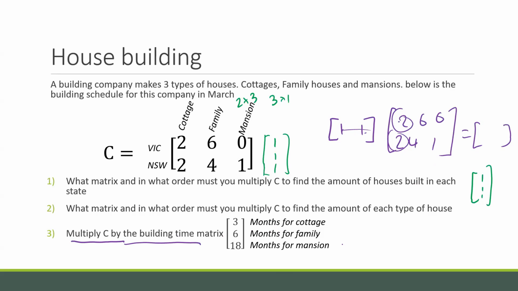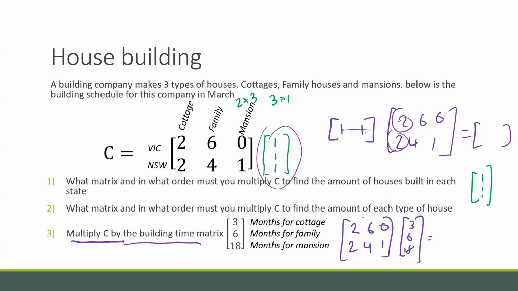Let's see how this works. Instead of multiplying by 1, 1, 1, if I multiply my matrix by 3, 6, 18, which is the number of months it takes to build each of these, then I can actually create a matrix.